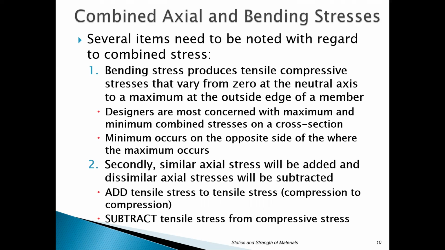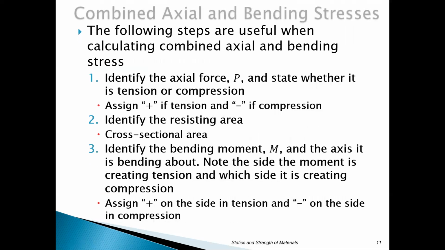In other words, compression will add to compression or tension will add to tension. But if they're dissimilar, then they subtract. So you add tensile stresses to tensile stresses or compression stresses to compression stresses, but you subtract tension from compression or compression from tension. And the way we handle that is we just assign it a sign value. I'll show you that here in a minute.